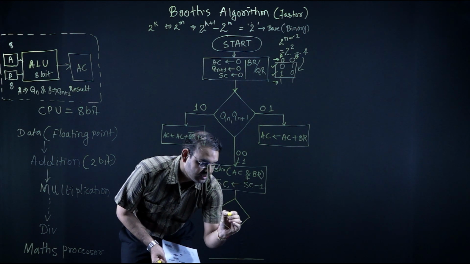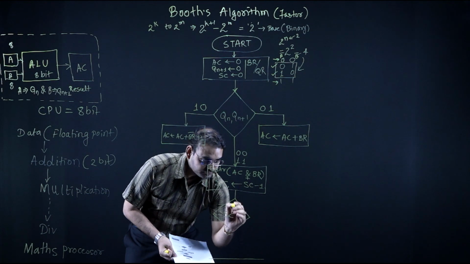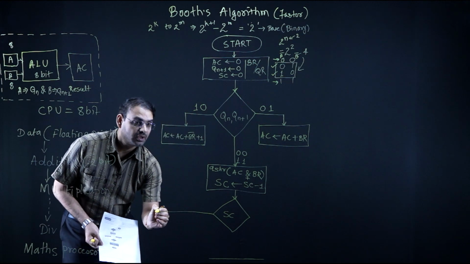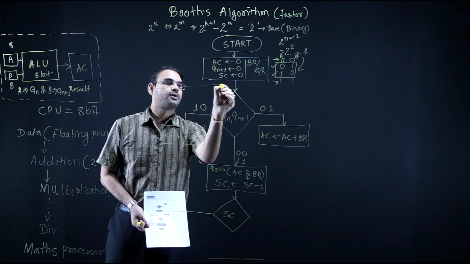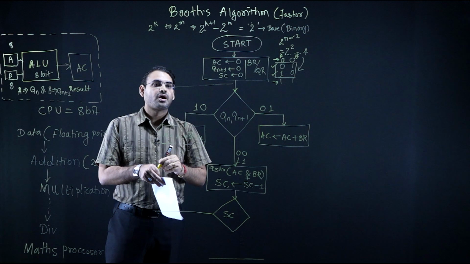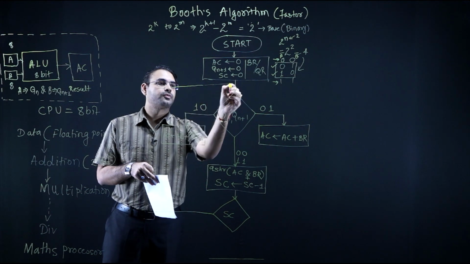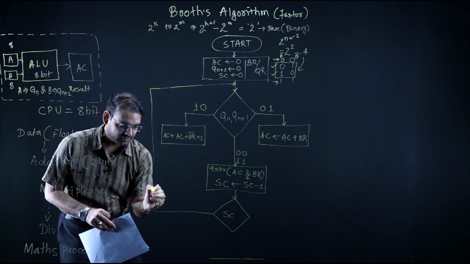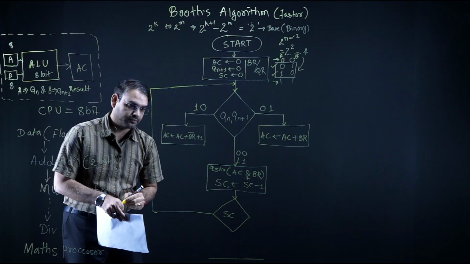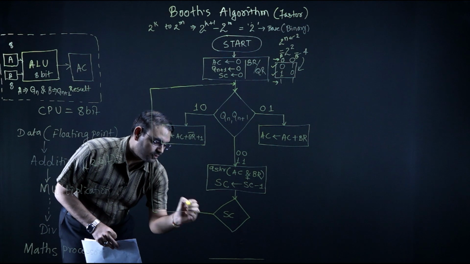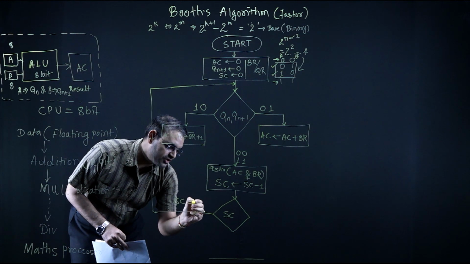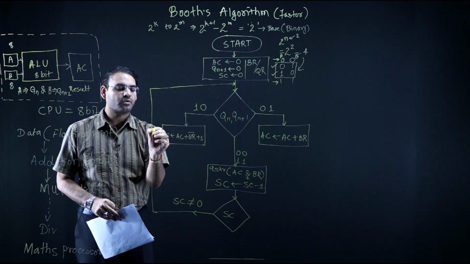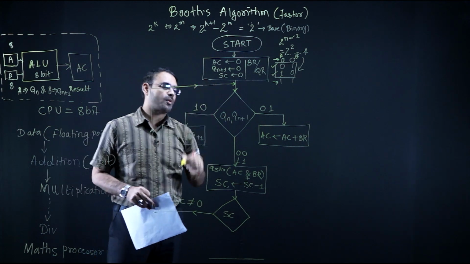So, the sequence counter, I have to continue until the operation is performed. Since the sequence counter is not equal to 0, you can go further and perform the same operation here.